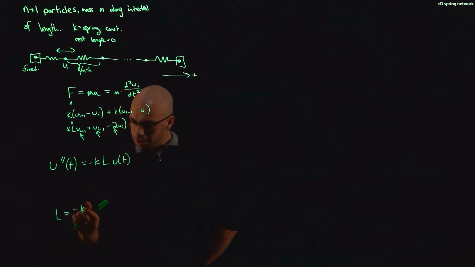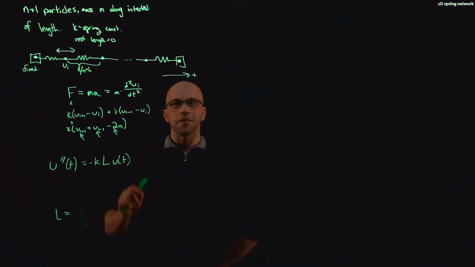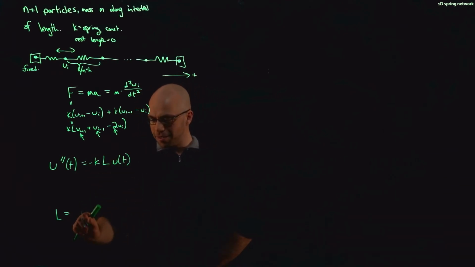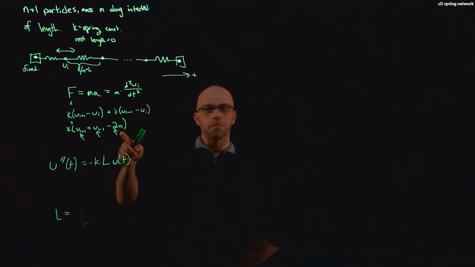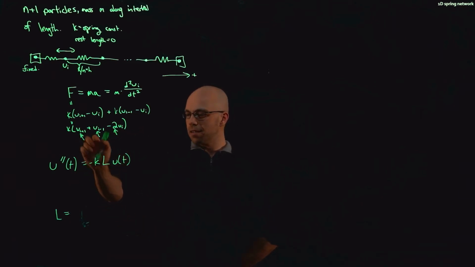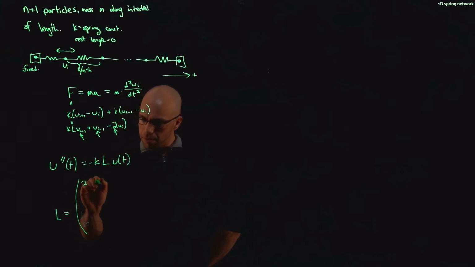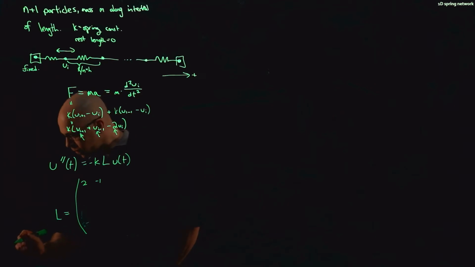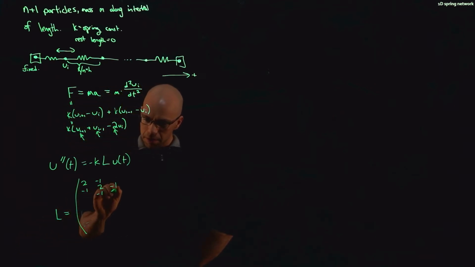In any event, what do I get? Well, oops, there's no minus k because I'm just defining our matrix L. And what is our matrix L going to do? Well, I put a minus here. This is on purpose. I'm trying to suggest something we'll have in the future. But it has plus 2's along the diagonal, and then minus 1's on the off diagonal. So it looks something like this. 2, minus 1, minus 1, 2, minus 1, minus 1, 2, minus 1.